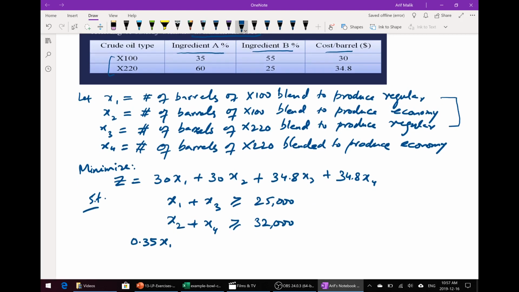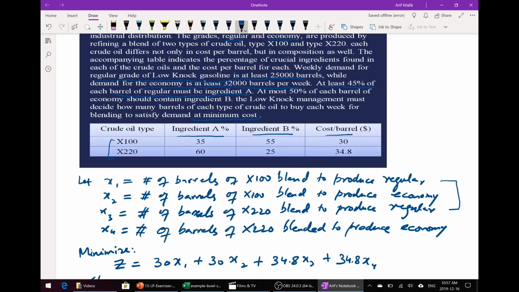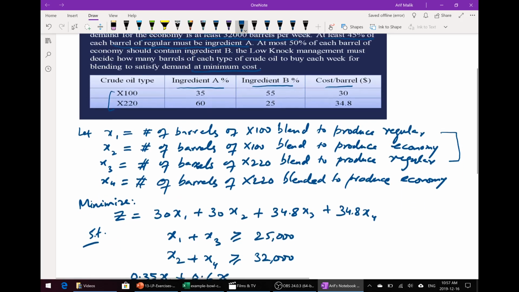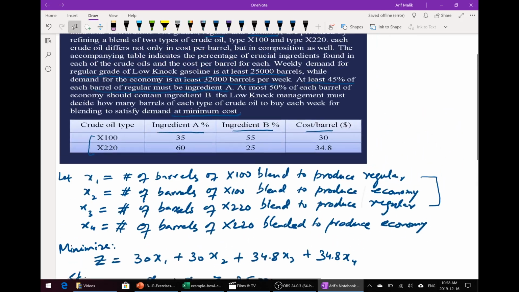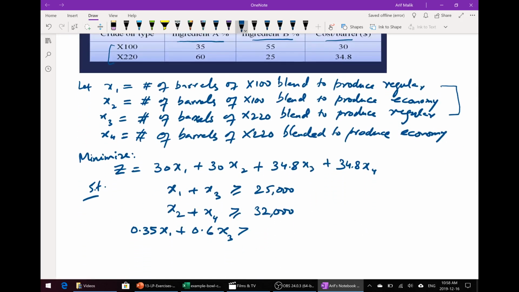And plus 0.6 is also in X220, which is to produce regular. It says X3. It is asking that at least 45% of each barrel of regular must be ingredient A. So it should be greater or equal to 45% of X1 plus X3, the blending of these two.